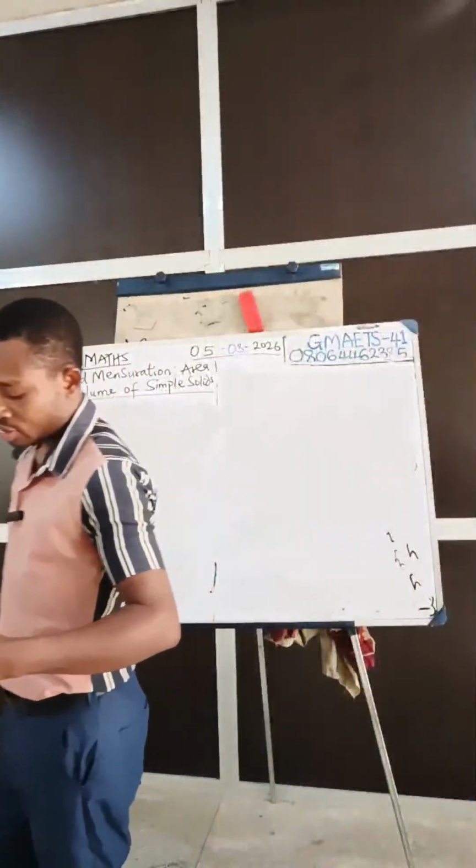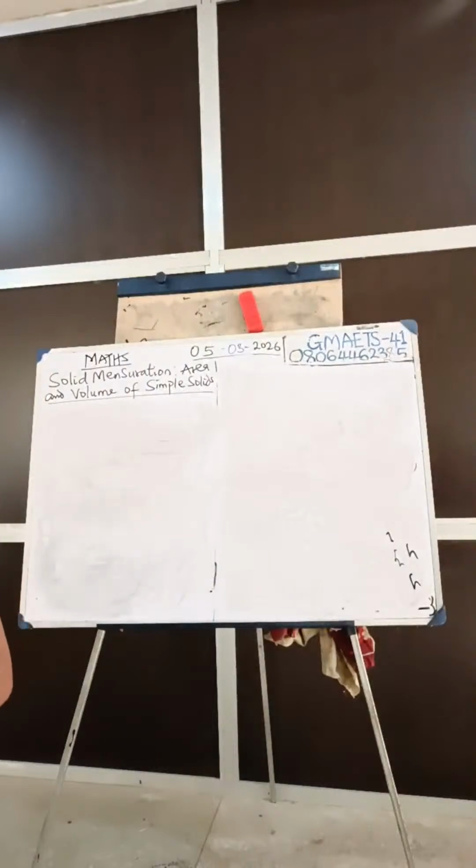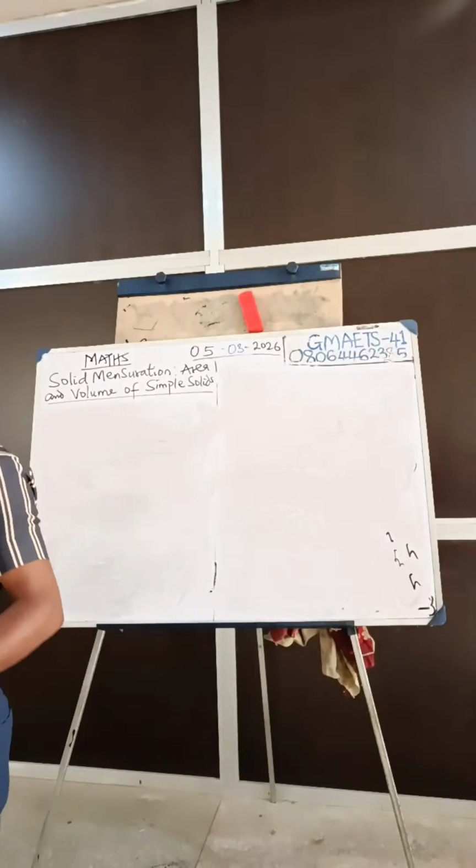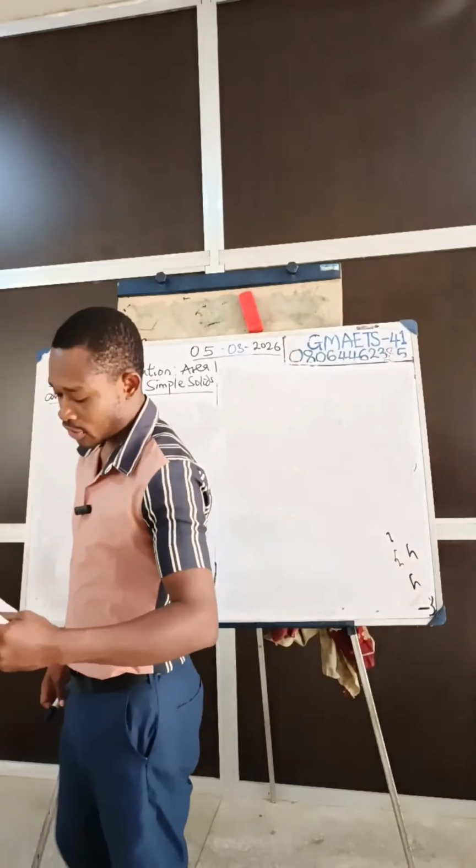All right. So we have this question. Write and be fast. A cuboid has a diagonal of length 9 centimeter and a square base of side 4 centimeter.